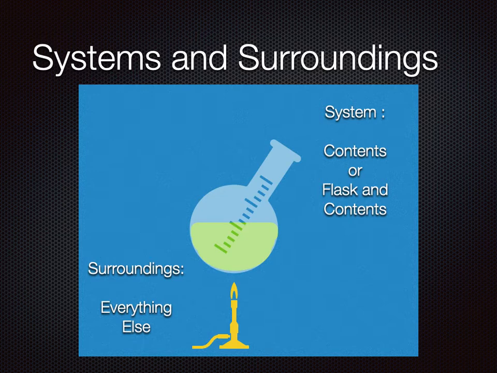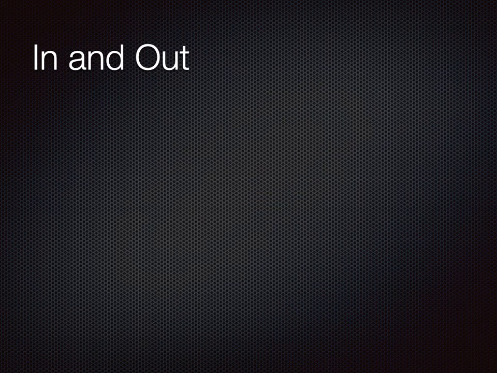But under these circumstances, we would expect a net increase in temperature of the system because it's going to be absorbing more heat than it's losing. If you were to then take that burner away, well, now you're going to have a system that's hotter than its surroundings, and heat is going to flow from that flask to the surroundings, and then the temperature you would expect to drop. So that's defining the system and the surroundings.